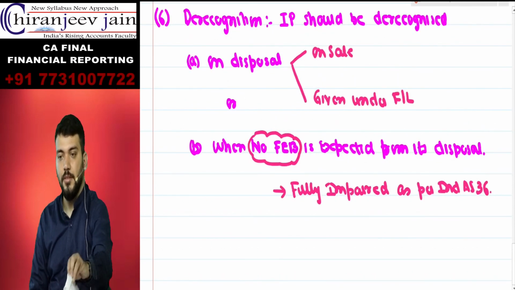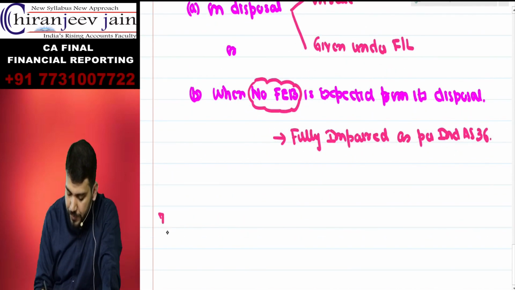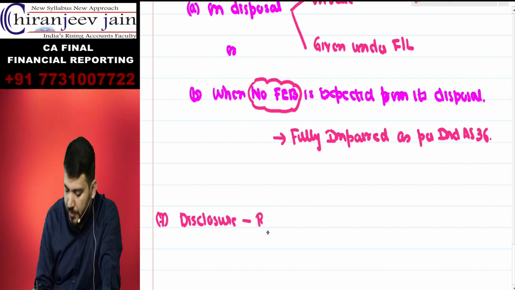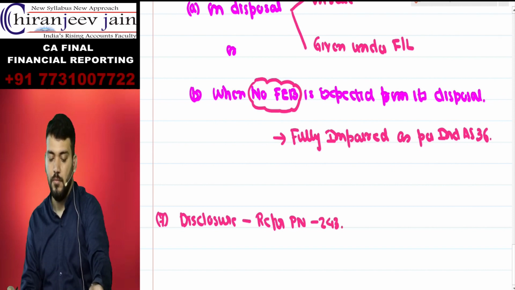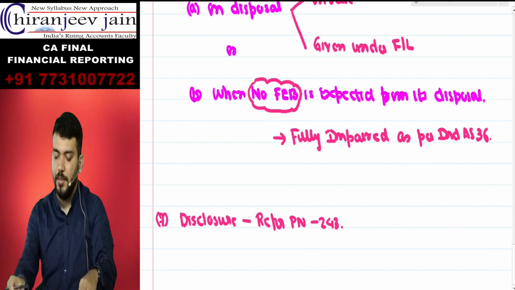Easy. Very simple. Point number 7. Disclosure. Can you refer by your own? Refer page number 243. Now, every question whatever given is very, very simple.